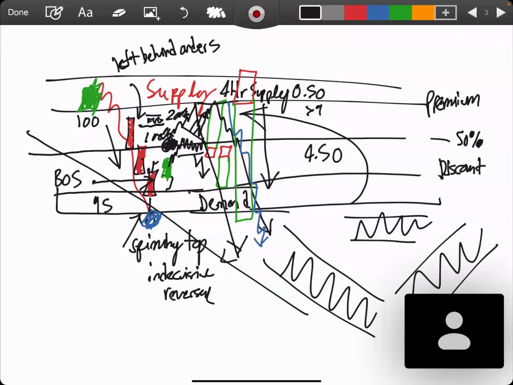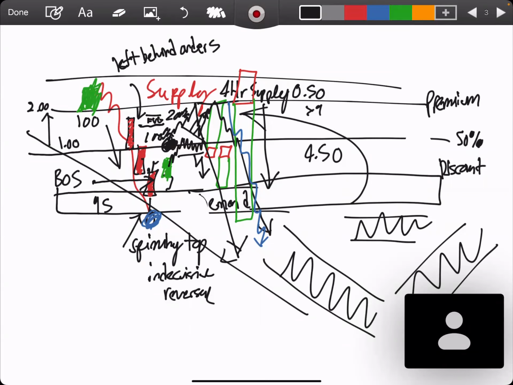Okay, so let's say we buy in at 1.0 here, and it goes to, let's say, 2.0 here, calls will be in favor, right?